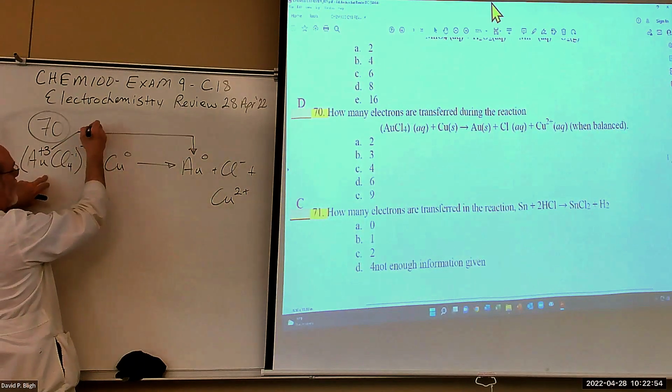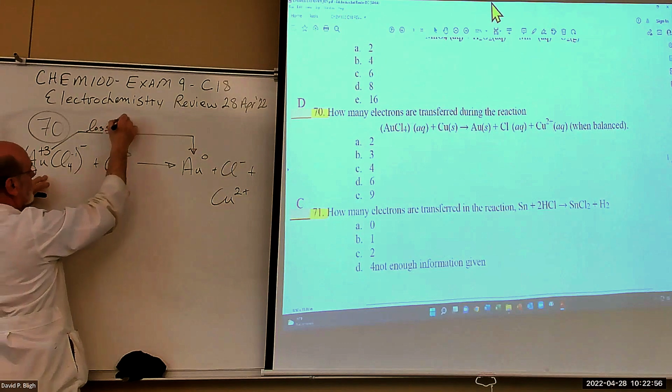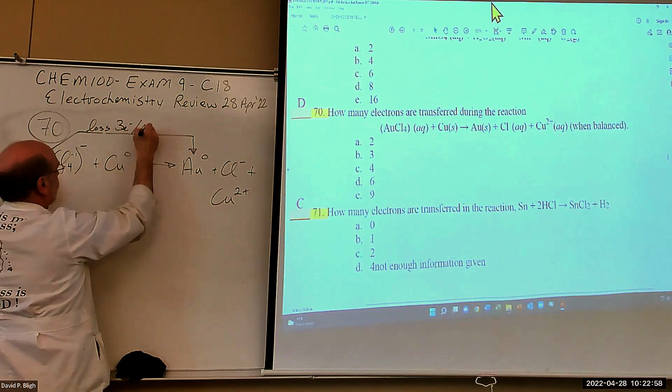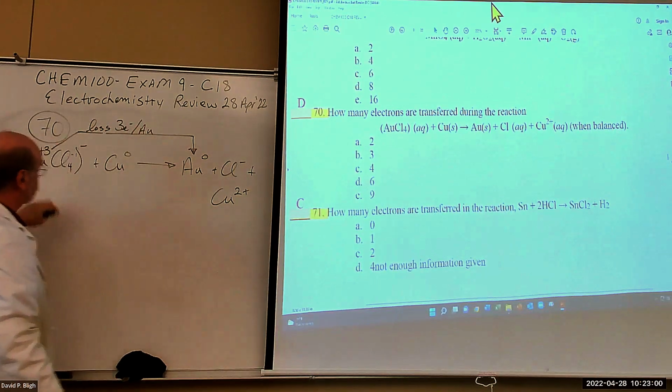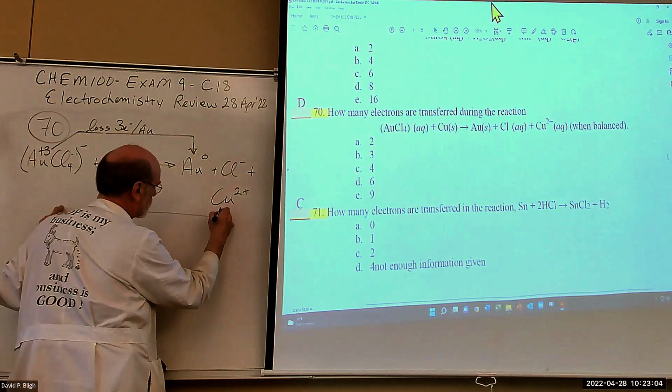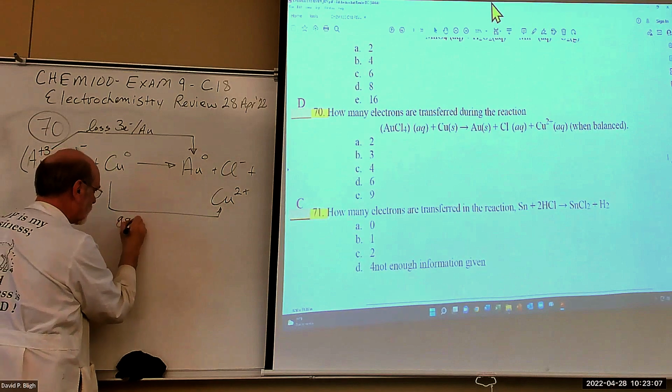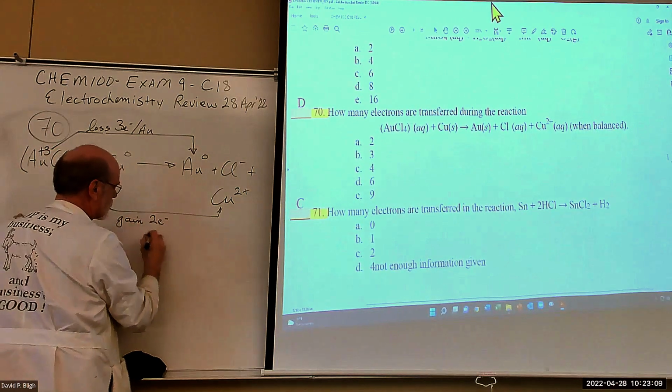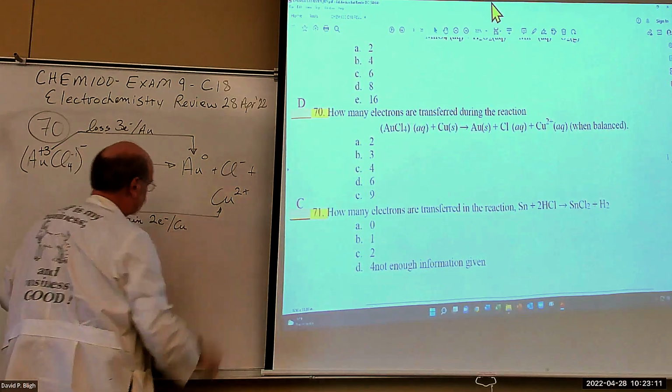That means it lost 3 electrons per gold. Copper is going from here to here. Copper gained 2 electrons per copper.